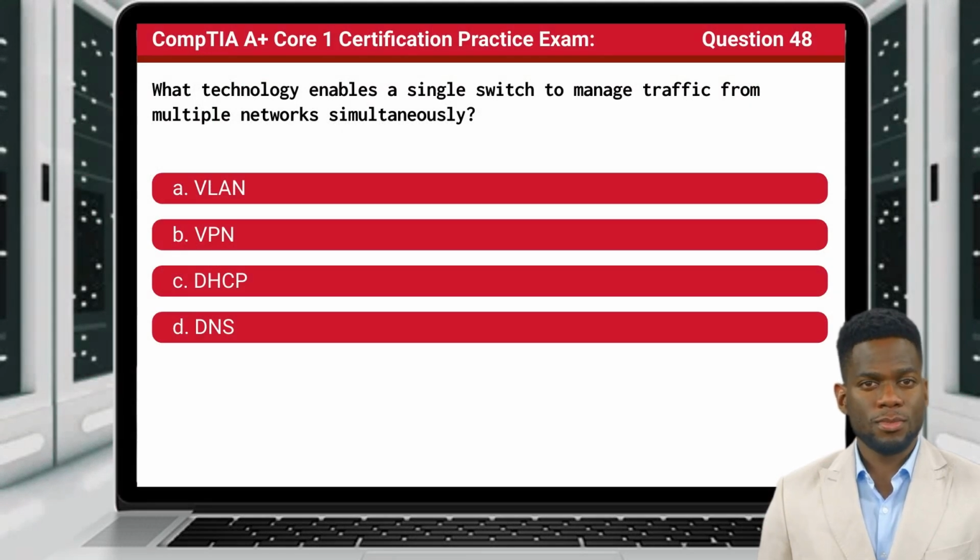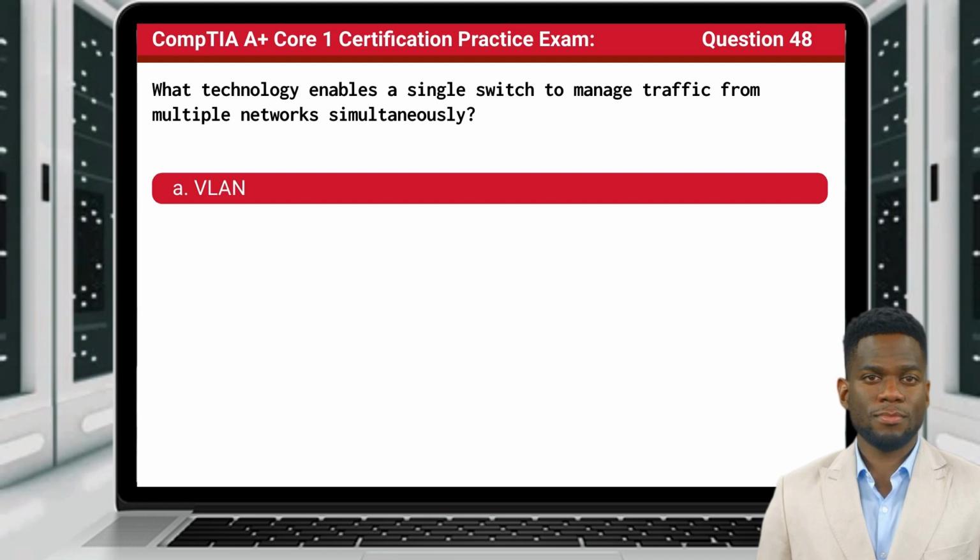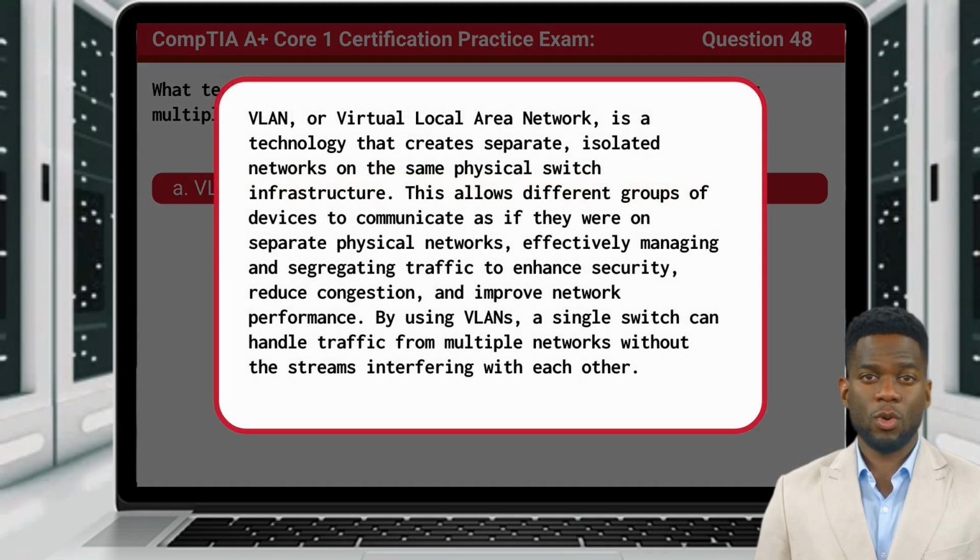Question 48. What technology enables a single switch to manage traffic from multiple networks simultaneously? The answer is A. VLAN. VLAN, or Virtual Local Area Network, is a technology that creates separate, isolated networks on the same physical switch infrastructure.